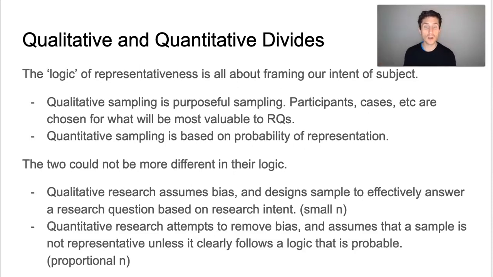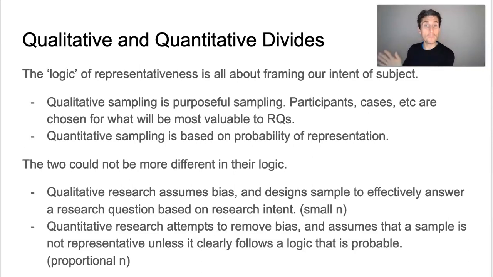So our participants, the cases that we might assemble, the ways that they will be chosen will be such that they align and they allow us to answer a set of research questions. We can often think about this as purposeful. That is, we're assembling a subpopulation or a sample because it serves the purpose of the research questions that we ultimately want to answer. Now, quantitative research is less about purposefulness and more about probability.